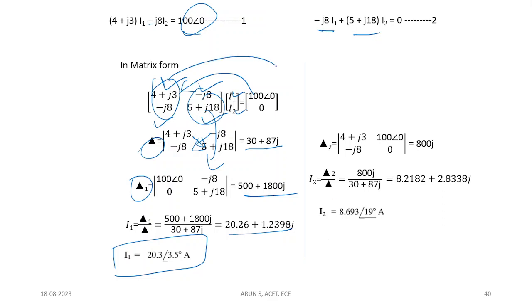For del 2, the first column is written as it is, and the second column is replaced with the right hand side values. Calculating the determinant, I get 800J. So I2 equals del 2 by delta, 800J divided by 30 plus 87J, which is 8.2182 plus 2.8338J. In polar form, I2 equals 8.693 angle 90 degrees amperes. Okay, thank you.